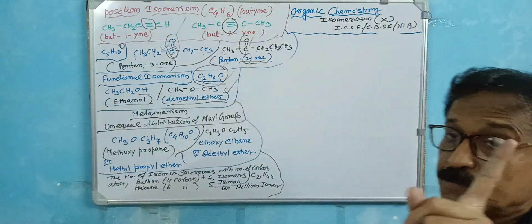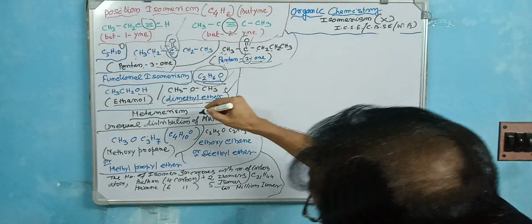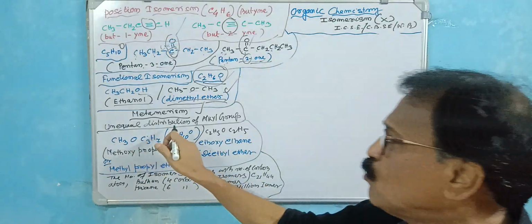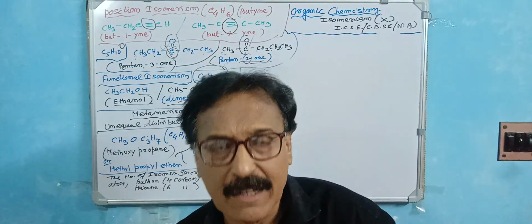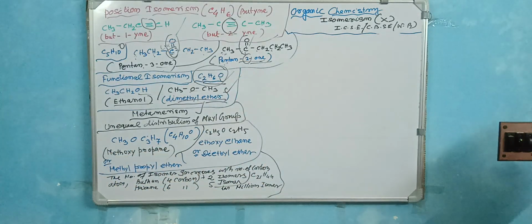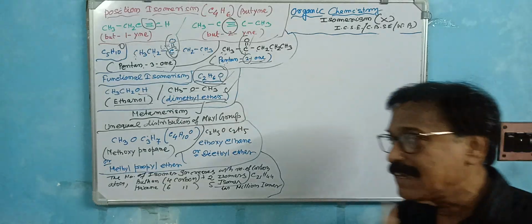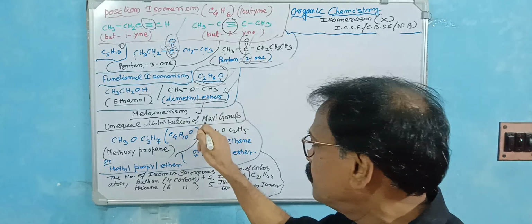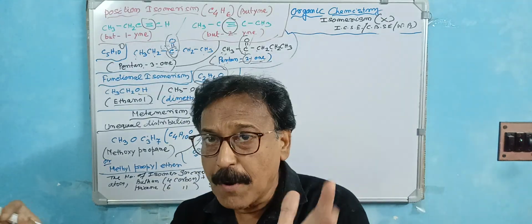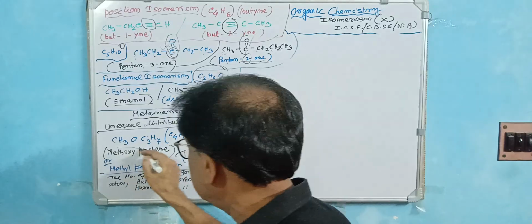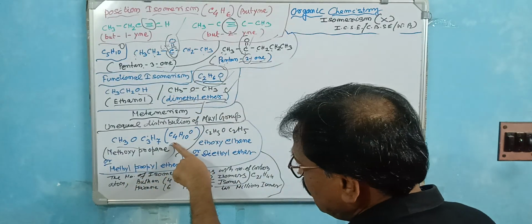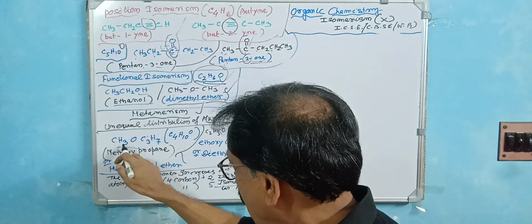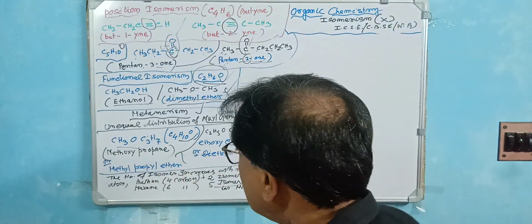Now the next one is very important. This is called metamerism. Metamerism is the unequal distribution of the alkyl group. You know the alkyl groups are CH3, C2H5, C3H7. That is the alkyl group, but with a different arrangement in the carbon chain. Suppose the formula is C4H10O.